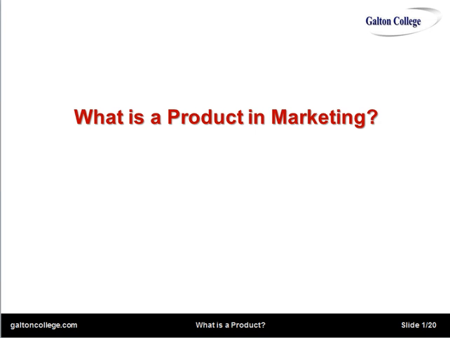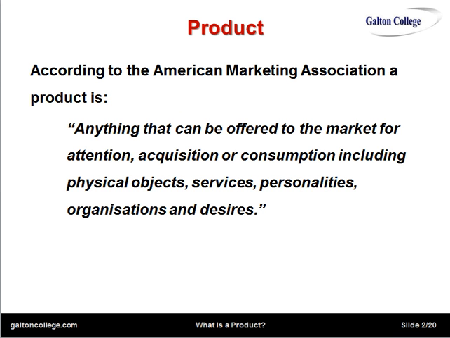In this class I want to talk about the meaning of product in a marketing context. Now, according to the American Marketing Association, a product is anything that can be offered to the market for attention, acquisition or consumption, including physical objects, services, personalities, organizations and desires.